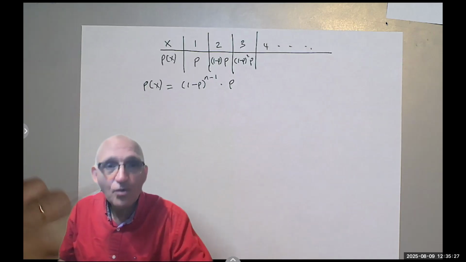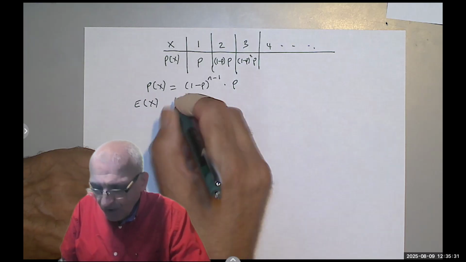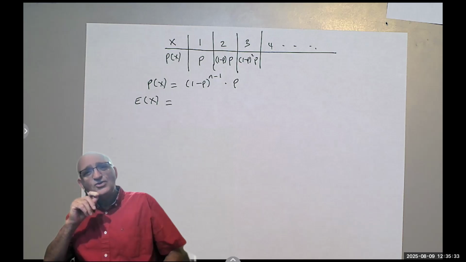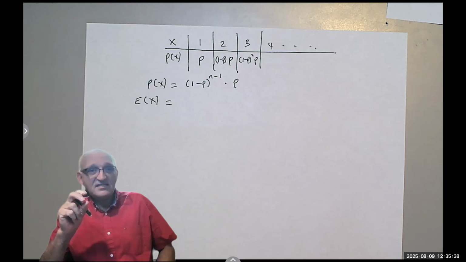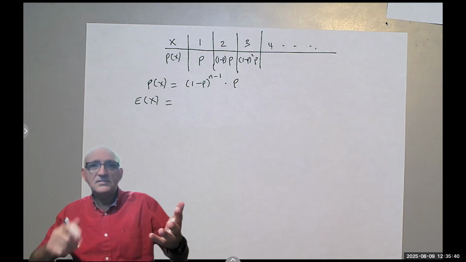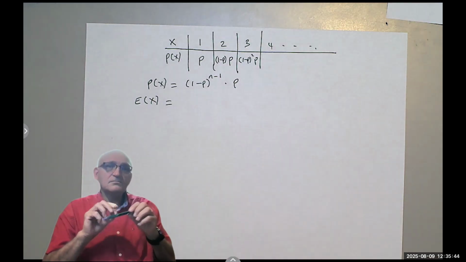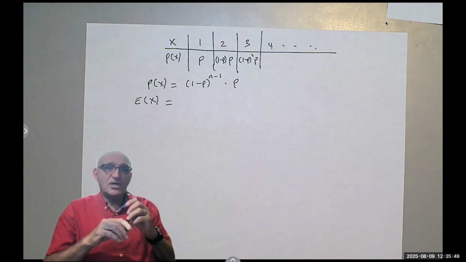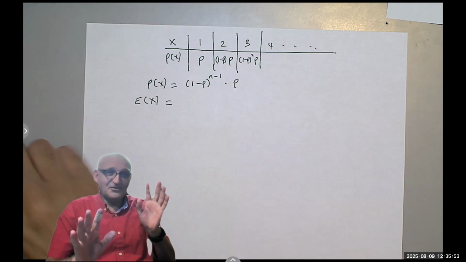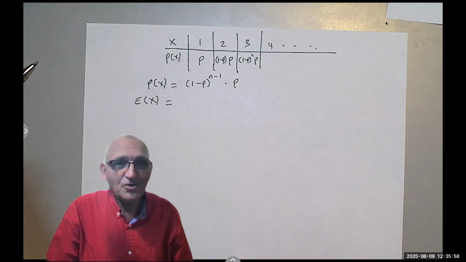Now, what is the expected value of x? Meaning, on average, how many times do you think I will get a success, if that's the case. Common sense would say what? Okay, I'm going to give you again the example you hate, tossing a coin.